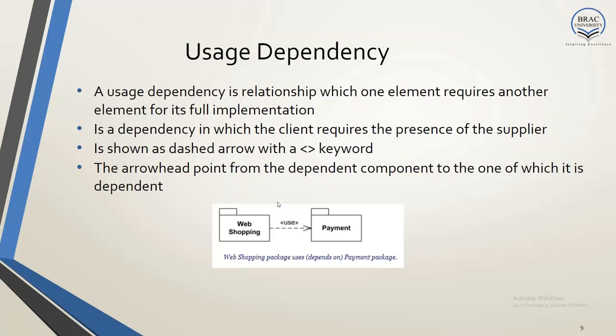Over here, a web shopping package uses a payment package. So basically when we are using some external APIs or libraries or payment gateways or anything like that, those types of dependencies are shown by the usage dependency notation.